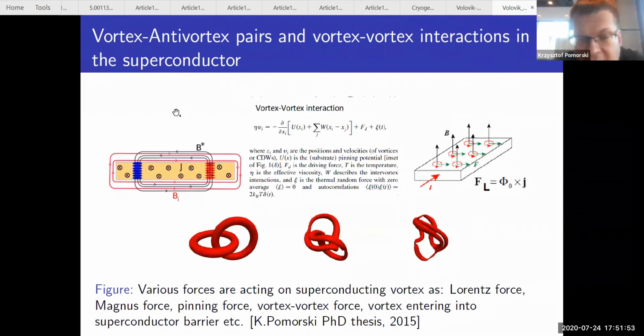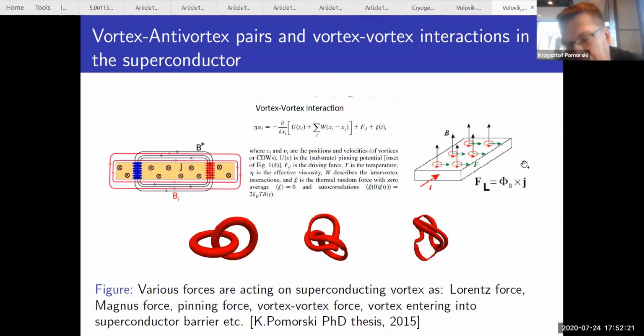If you have a low concentration of vortices, not so much magnetic field, they're quite far away and they have features of particles. So they repel. They can also move if you send an external electric current.